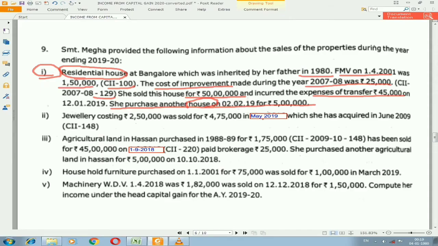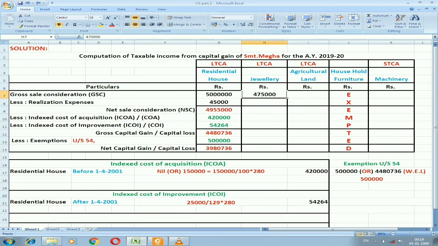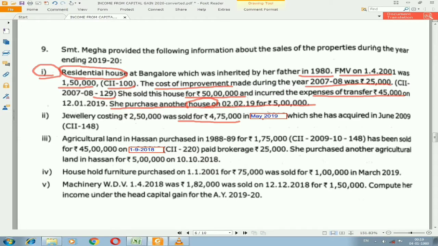Now let us start with the second one, that is jewelry. So first, always we are supposed to take the sale amount, 4,75,000. We don't have any other expenditure on sales, and the realization expenses will be nil. Total net sale consideration will be 4,75,000. Let us take the indexed cost of acquisition. It is purchased after 2001, as you can see, in 2009.